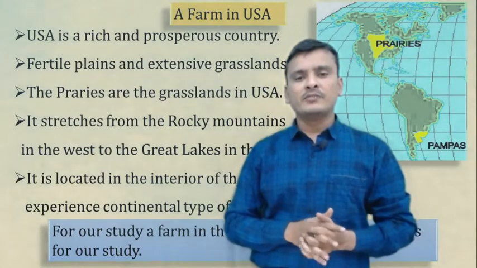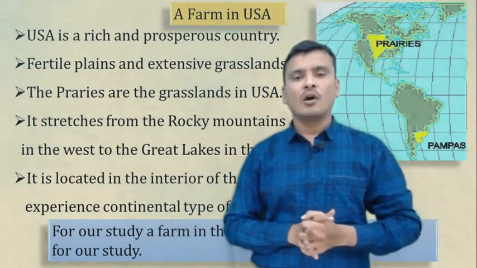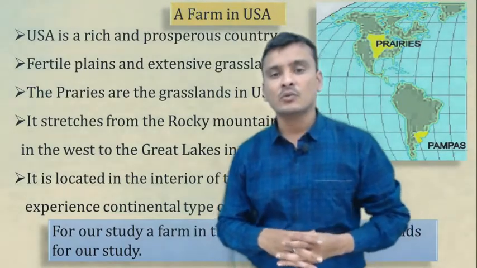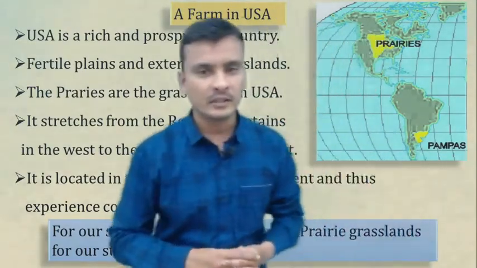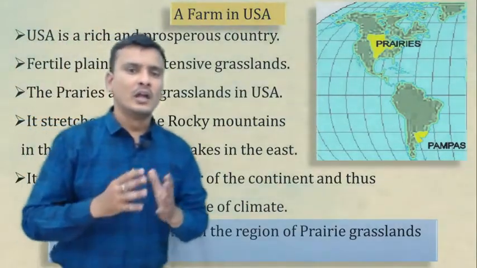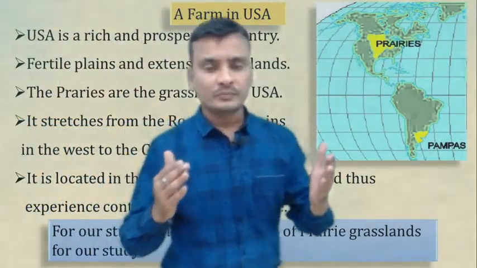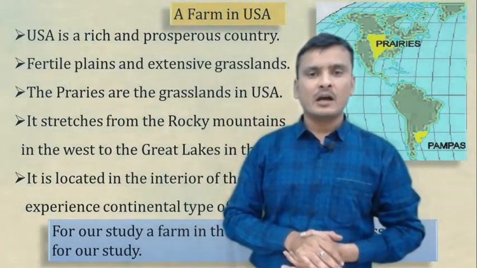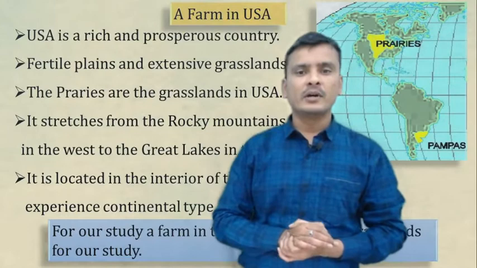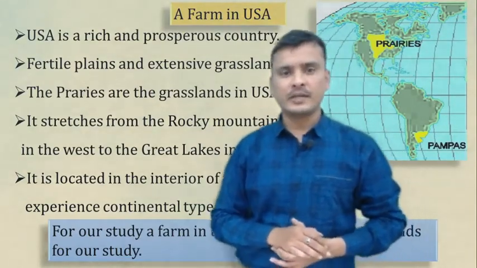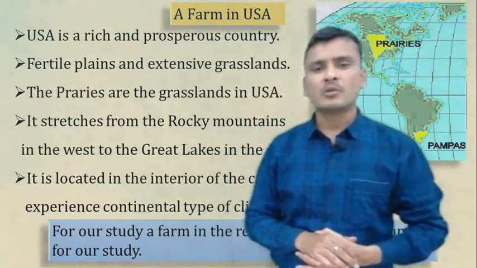And the main features of this land or agriculture are fertile plains and extensive grasslands. Here the plains are fertile and the grasslands are extensive, and you know that the major part of America and Canada is covered by the prairie grassland. That is the prairie. It stretches from the Rocky Mountains.